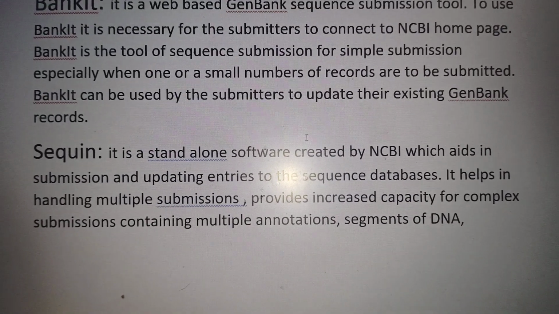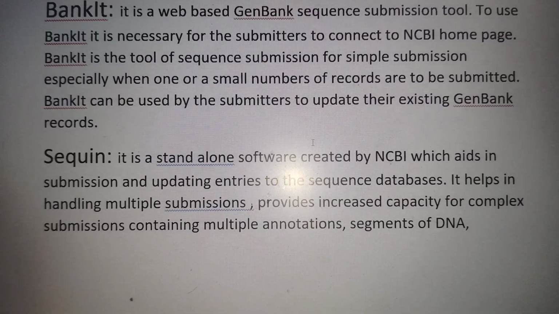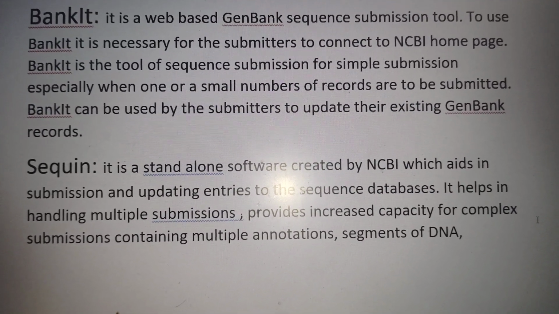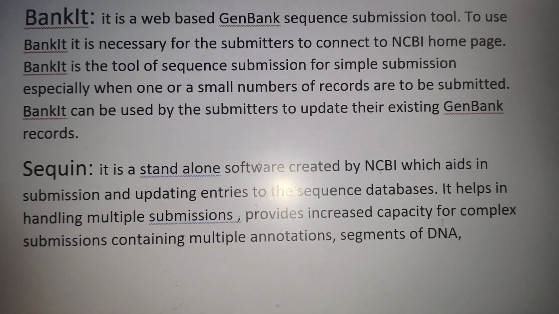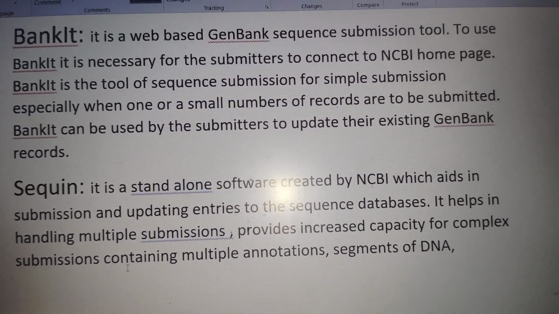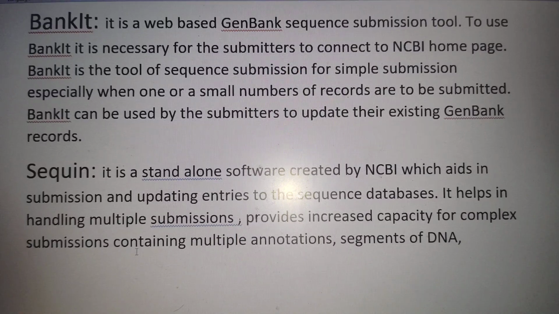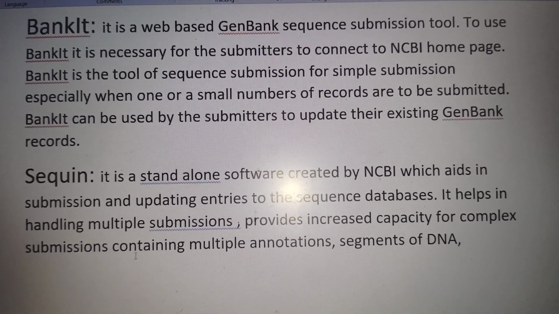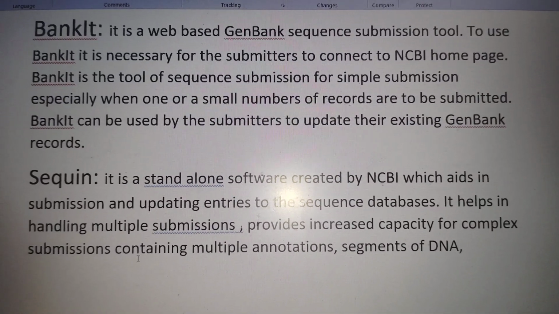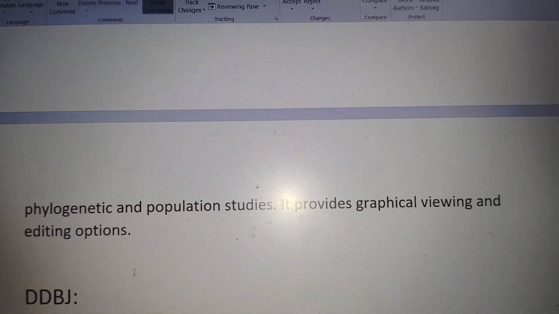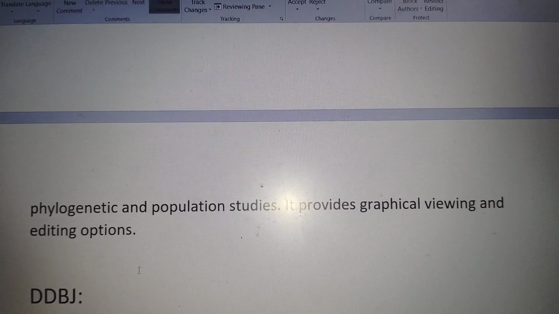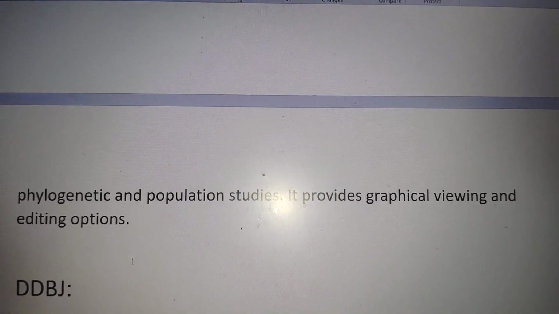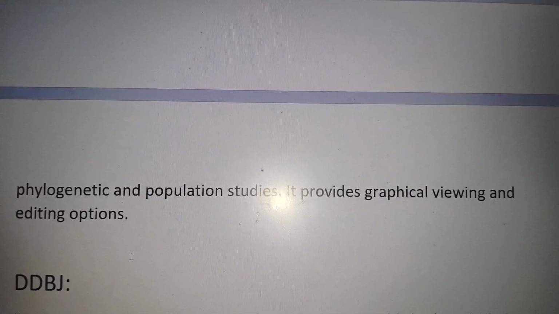As I told you, Sequin can handle a large number of submissions and provides increased capacity for complex submissions that contain multiple annotations, segments of DNA, and also phylogenetic studies, population studies. A special feature in Sequin is that it provides graphical viewing and editing options.